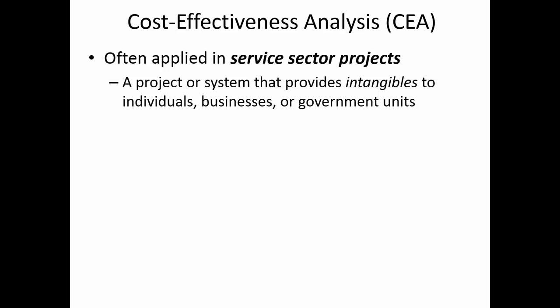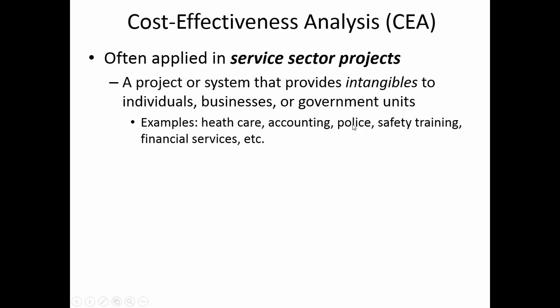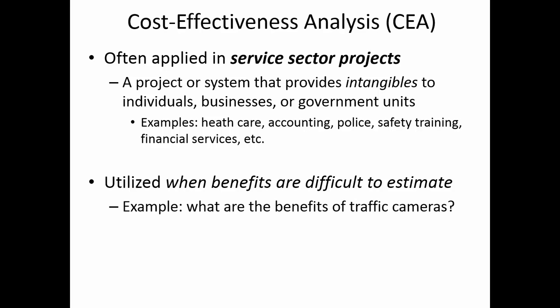Those are durable goods. But services are things that are considered intangible. Healthcare, accounting, the police. You know, the police being out there on the road patrolling, what they do is prevent crime. But that's not something you can hold in your hand. And so these intangibles in the service sector, they provide valuable services to our community, and there has to be a way for us to analyze how effective they are at doing it.